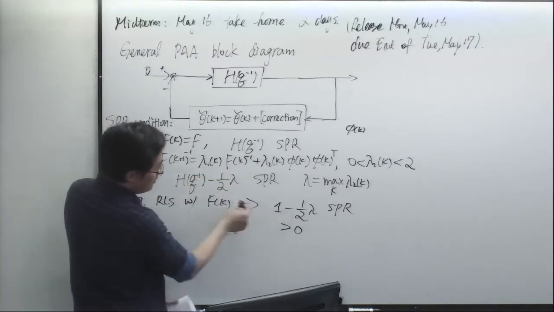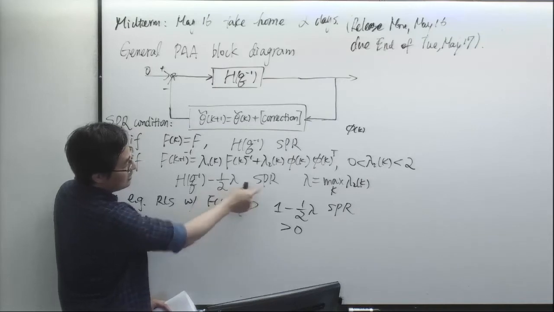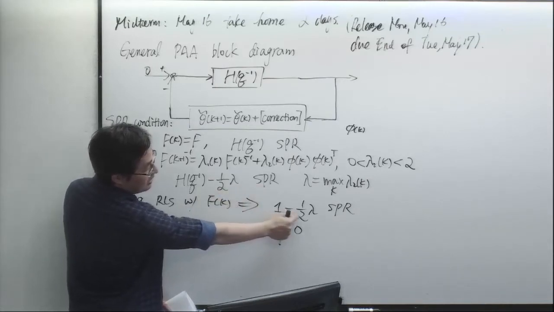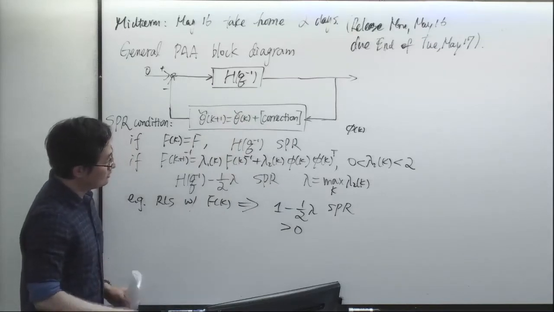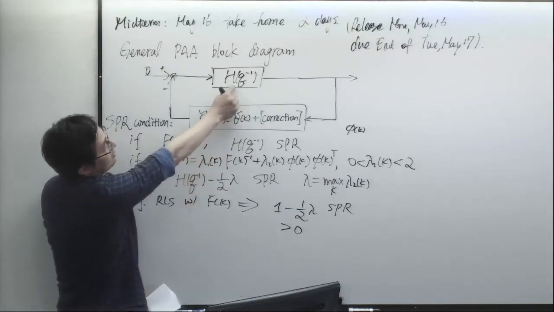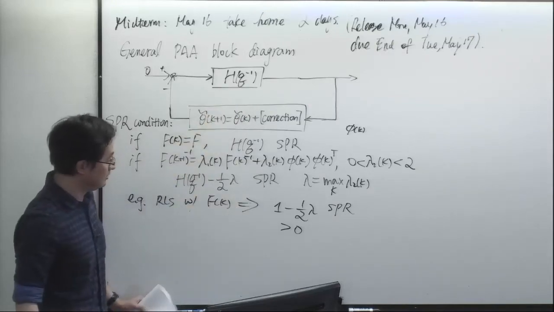And you can also appreciate the fact that the little extra here is making it slightly more difficult to be SPR. You're adding something that's negative to this LTI system. All right? If it's positive gain, it's always SPR. If it's negative gain, it becomes not SPR.